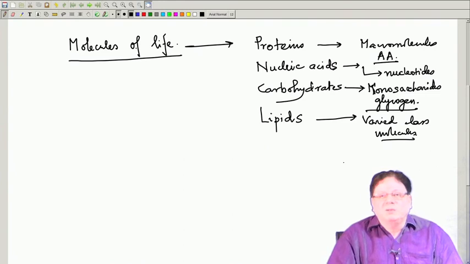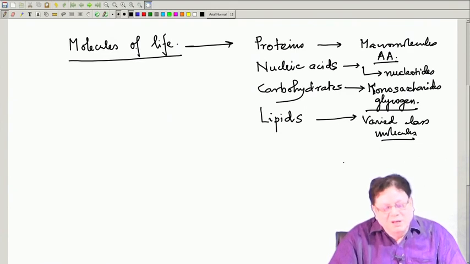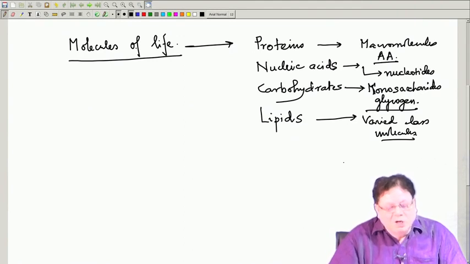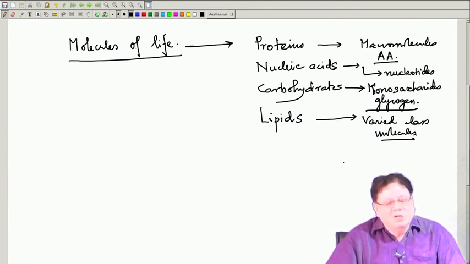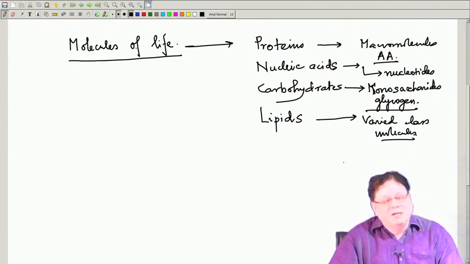There are neurotransmitters which perform signal transduction. There are hormones. Some of them could be lipids, because by definition a lipid is insoluble in water. Some of them could be amino acids also. Some neurotransmitters are amino acids like gamma aminobutyric acid.